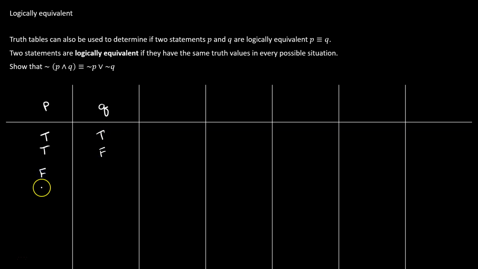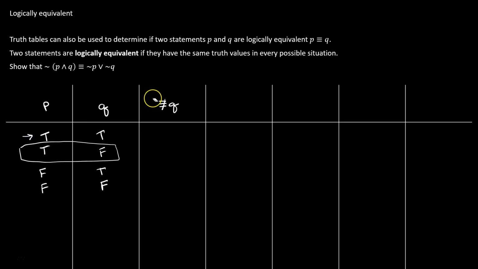Or I could have false, false, true, false. In this very general case, P is not logically equivalent to Q because we can see that sometimes these statements have different truth values. It's possible that they could have the same truth value, but it's not guaranteed.